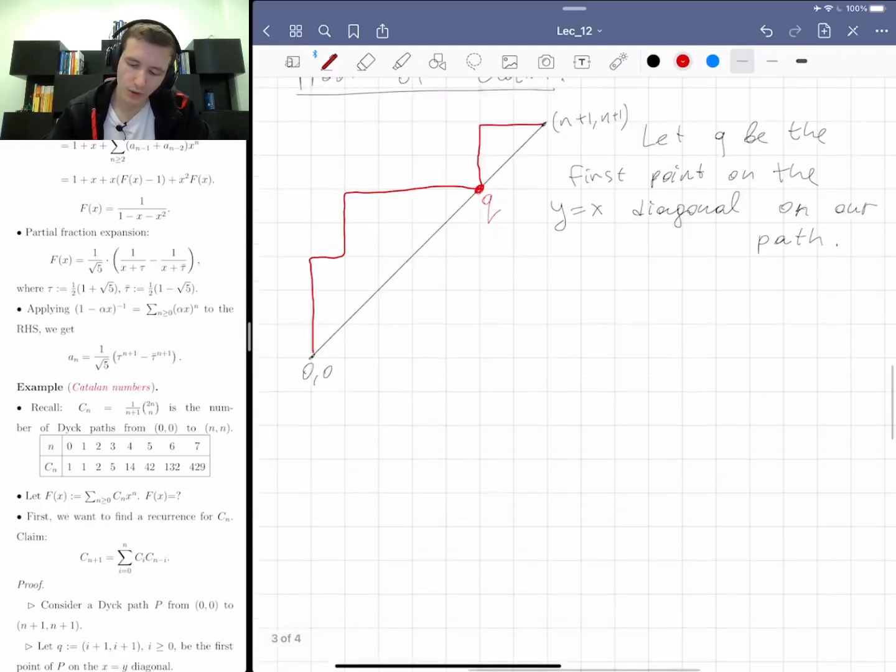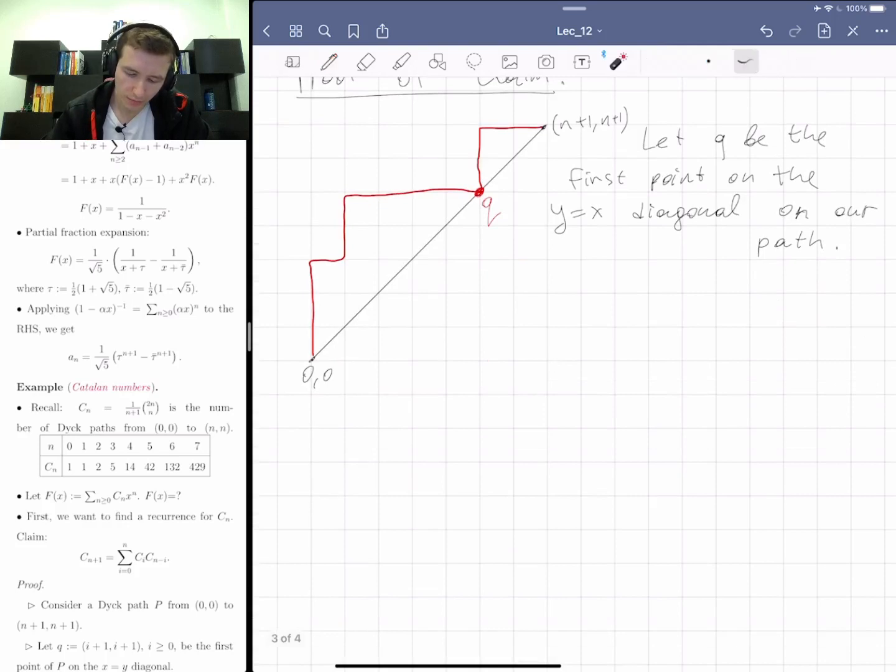What you observe is that the first step is always north. The last step before q is always east.